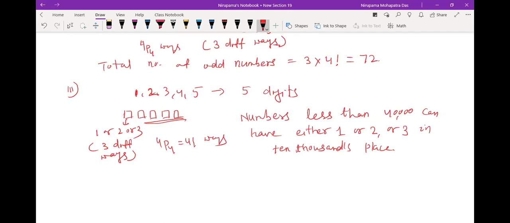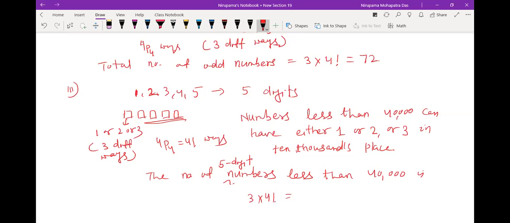So the number of 5-digit numbers less than 40,000 is 3 into factorial 4, means 3 into 24, that is equal to 72. The number of 5-digit numbers which are less than 40,000 is 72.